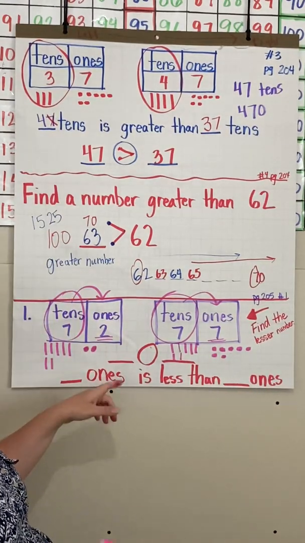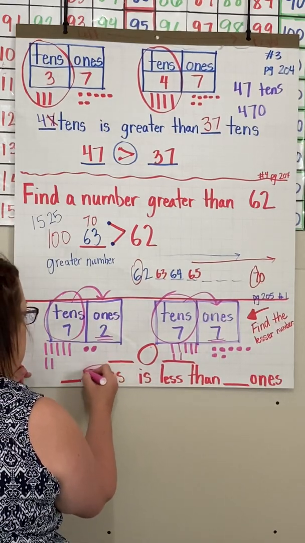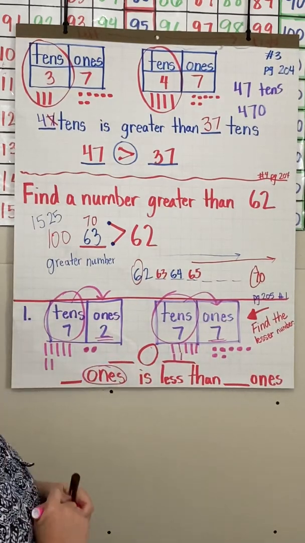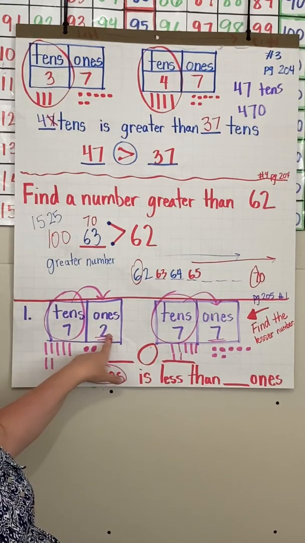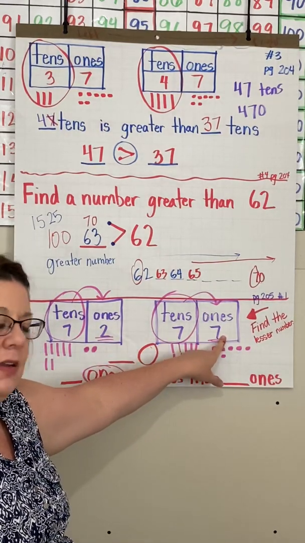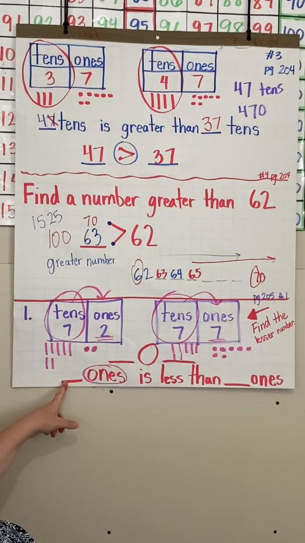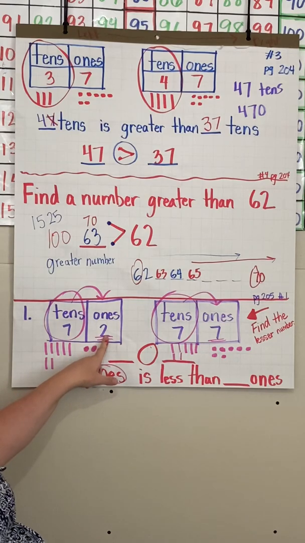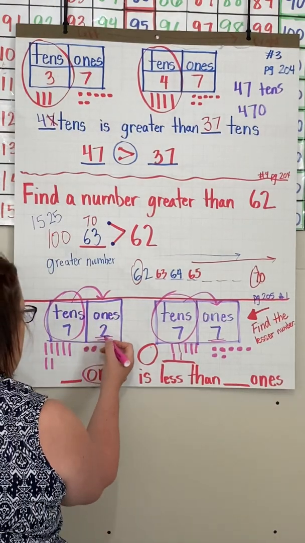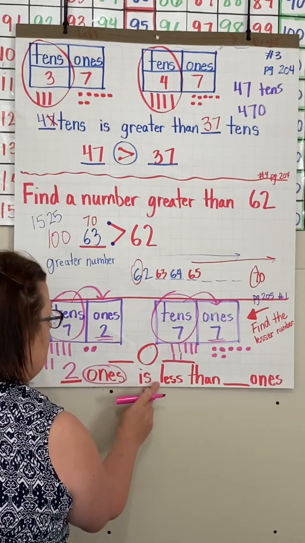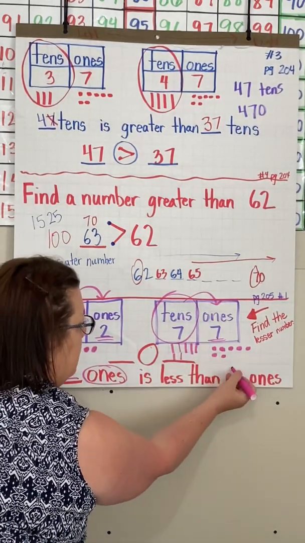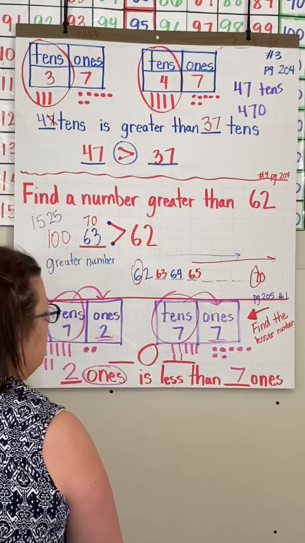It's only asking me for the ones place. So which one has fewer ones? Am I going to write 72 ones, or am I going to write 2 ones? Okay, I'm going to write 2 ones is less than 7 ones.